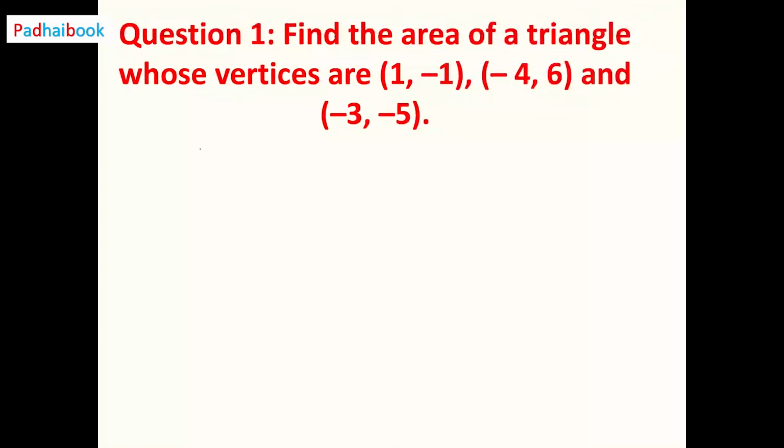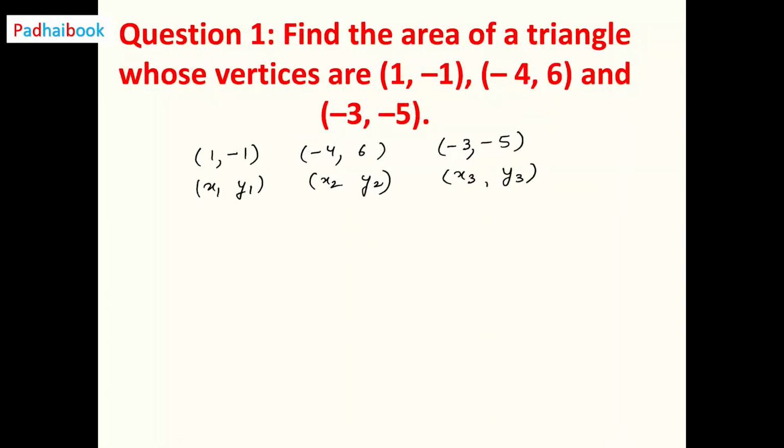You have to find the area of the triangle if you are given the 3 vertices. If you are just learning this, it is better to write the 3 points, and along with these 3 points you can write x1, y1, here write x2, y2, and here write x3, y3. Now I will find the area.